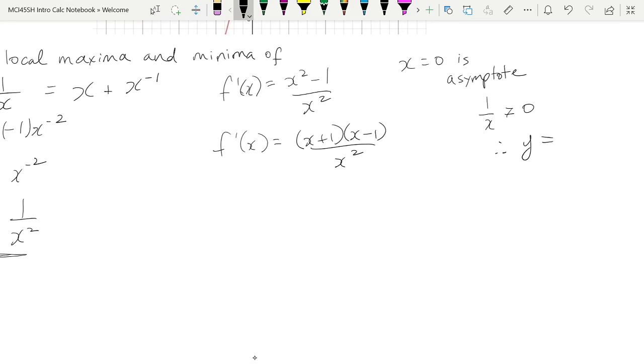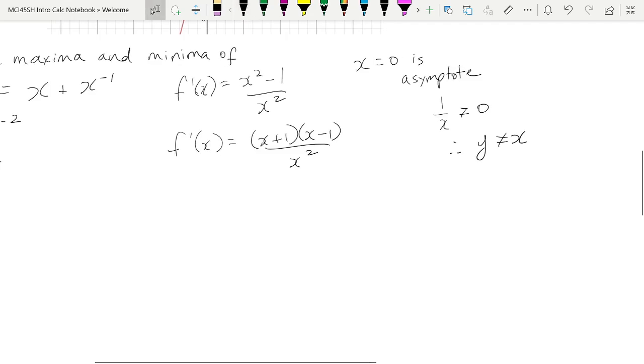Therefore, y cannot equal x, right? Because remember, the original equation was y equals x plus 1 over x. If this thing can't be 0, then there's no possible way y could just equal x. So that means that y equals x is also an asymptote.